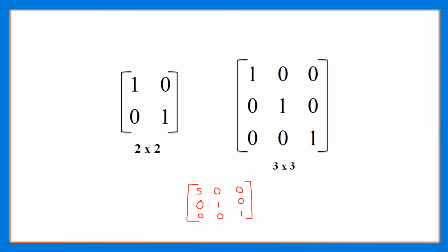The matrix is not an identity matrix or a unit matrix, since the leading diagonal element has a 5 in it, which is not allowed by the rule. So the matrix is not an identity matrix. If 5 is replaced by 1, then it will become an identity matrix. And what is the order of the matrix 5 0 0, 0 1 0, 0 0 1? The order is 3 cross 3, since there are 3 rows and 3 columns.